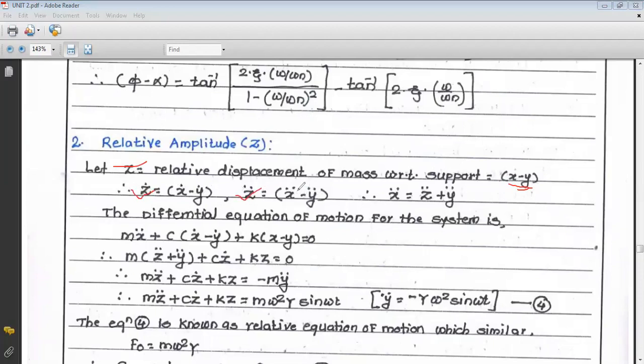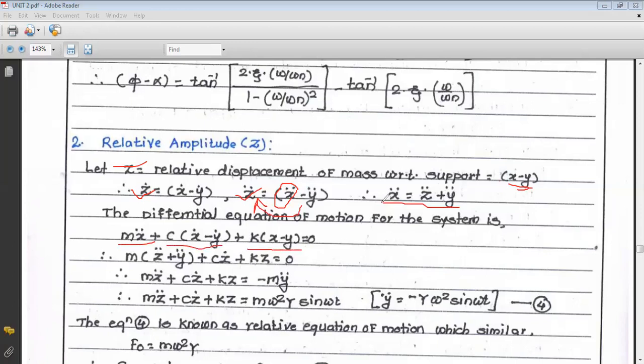Now from that we can find the value of x double dot. So z double dot plus this value goes to this side, so we get x double dot equals z double dot plus y double dot. Now what is your differential equation? It is m x double dot plus c into x dot minus y dot plus k into x minus y equals 0.